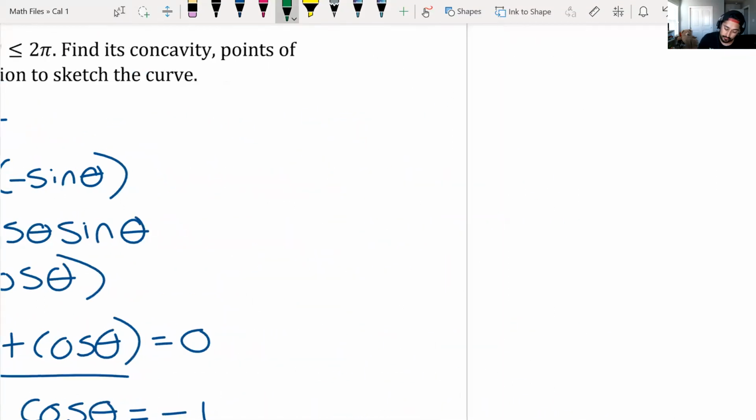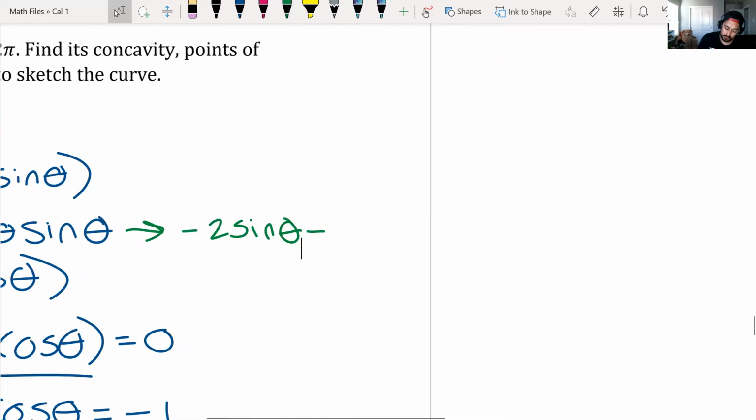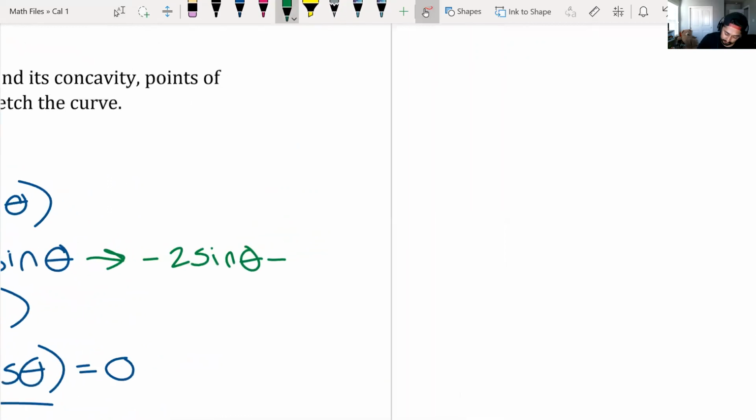So for second derivative purposes, this will become -2 sine theta minus, and if you remember, 2 cosine theta sine theta, that becomes the double angle formula of sine 2 theta. Now this looks a lot easier to take the derivative of.